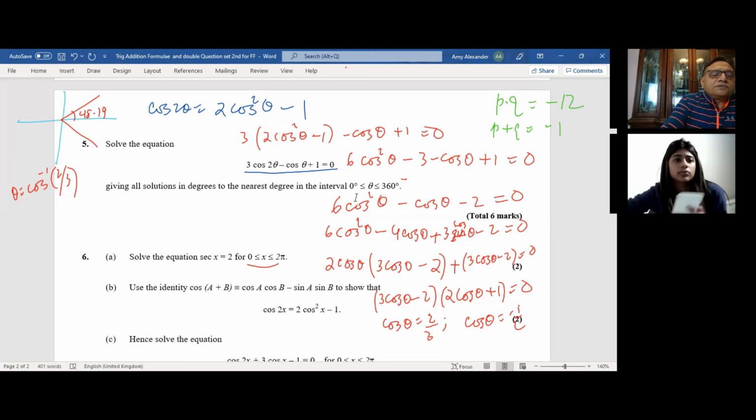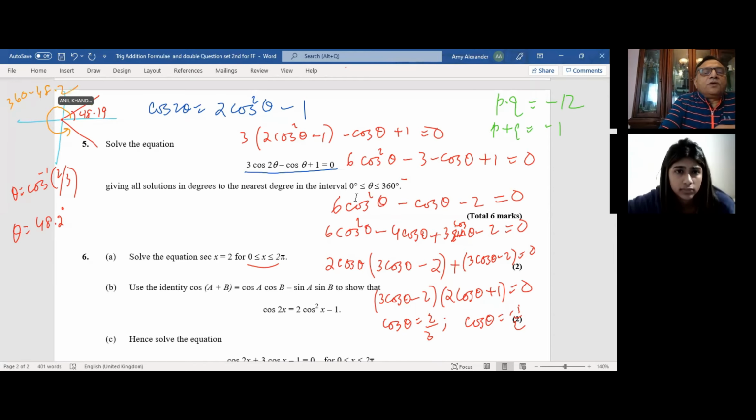So this angle gives you theta as 48.2 degrees, and the other one is 360 minus 48.2, which will give 311.8. So these are the two answers from the first factor.